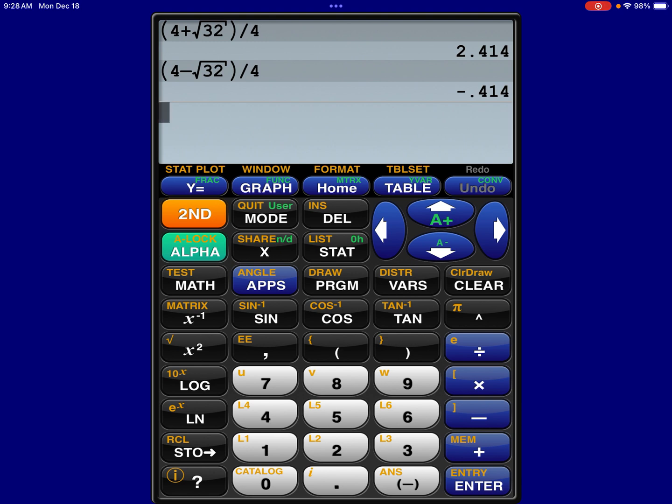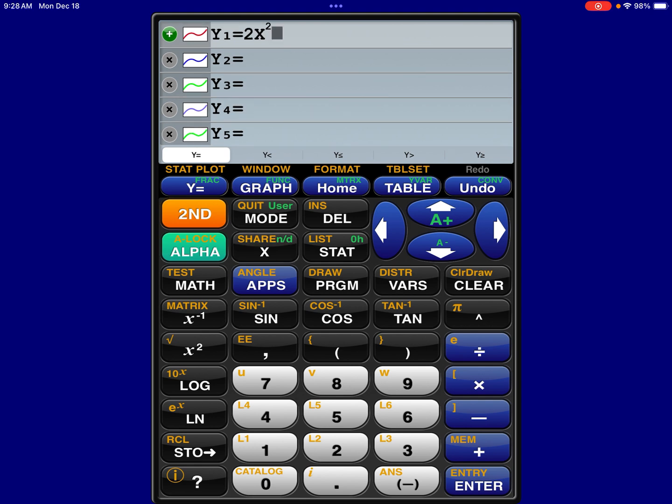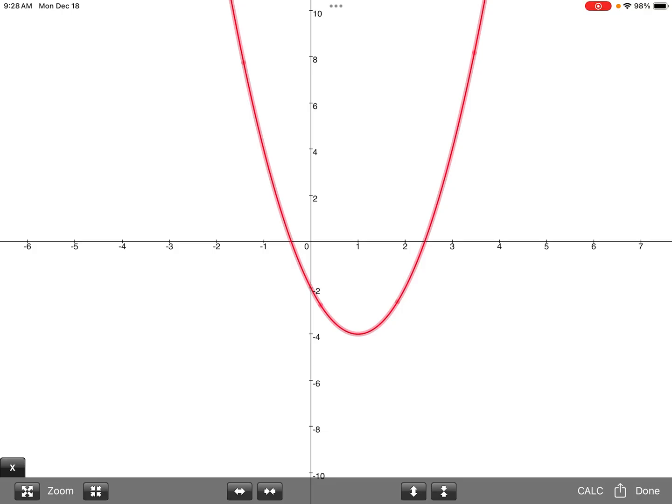And then I want to go to the graph. So go to y equals, and then put 2x squared minus 4x minus 2. And we should see a parabola, and there's one answer over here, which is the negative 0.414, so that's correct.